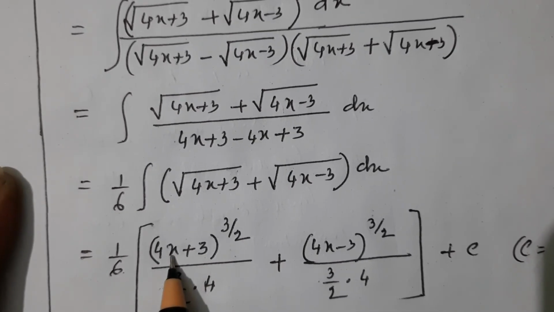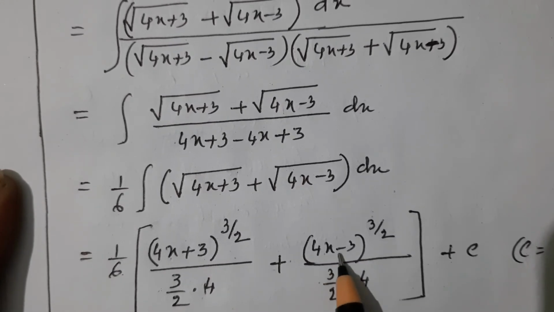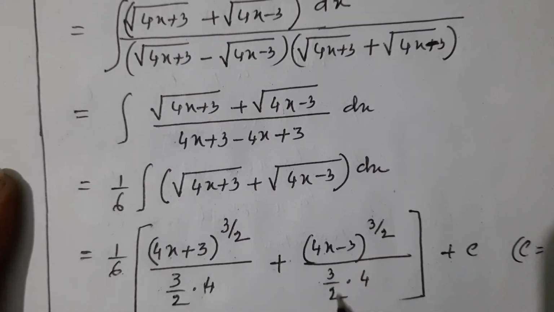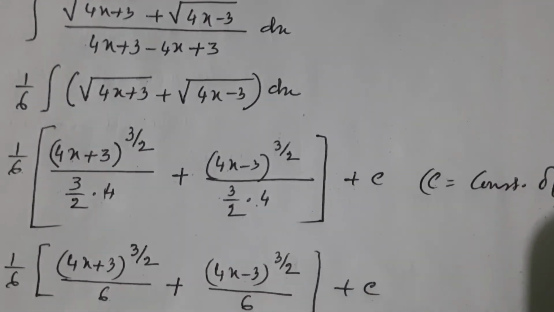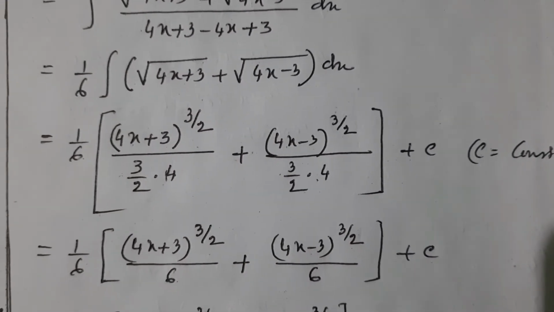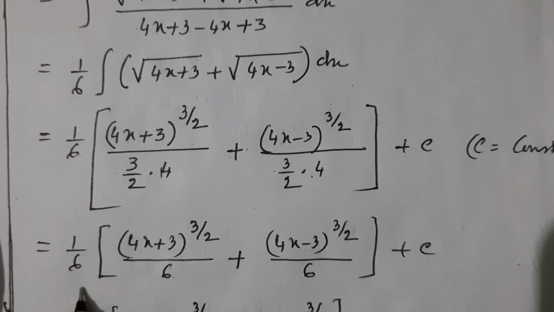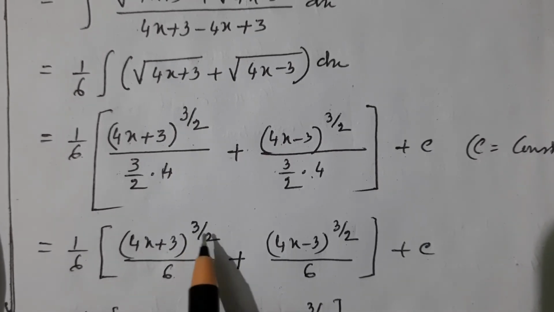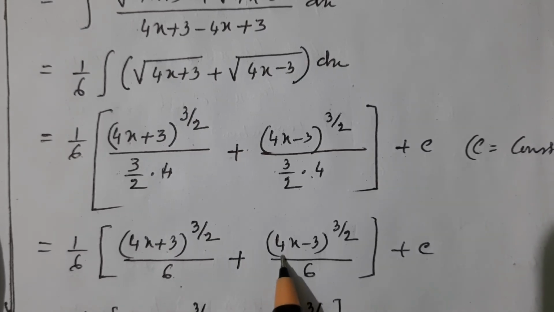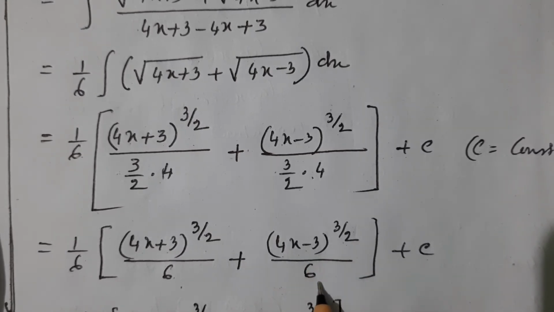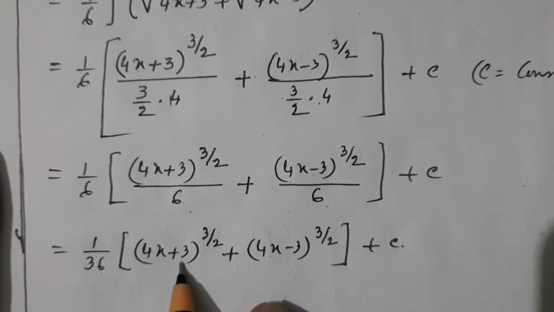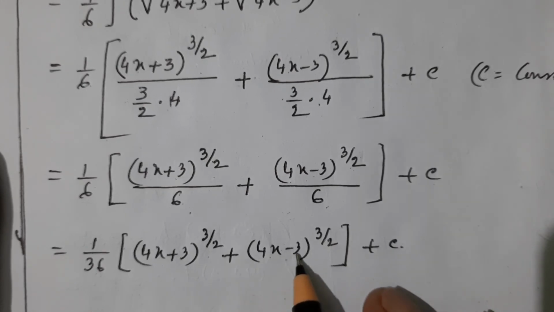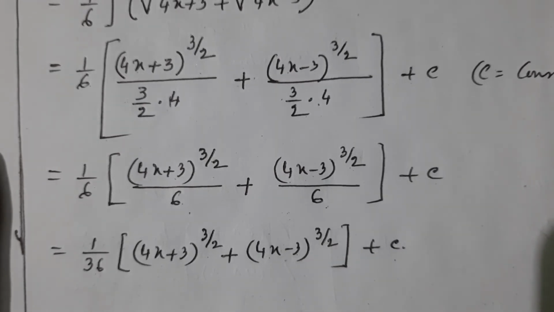Here 4x is given, due to this reason 4 is in the denominator, plus 4x minus 3 whole to the power 3 by 2 by 3 by 2 into 4 plus c, where c equals constant of integration. And simplify, we get 1 by 6 into 4x plus 3 whole to the power 3 by 2 into 6 plus 4x minus 3 whole to the power 3 by 2 by 6 plus c. And again we simplify, we get 1 by 36 into 4x plus 3 whole to the power 3 by 2 plus 4x minus 3 whole to the power 3 by 2 plus c.